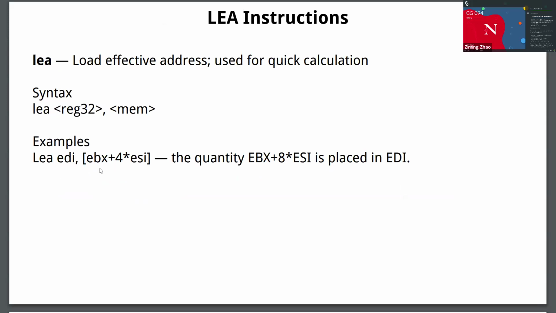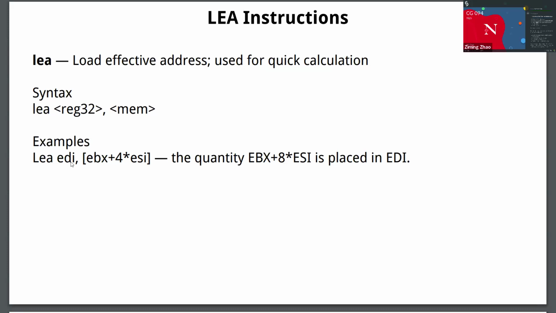this instruction, the second operand is the memory location, right? Because the bracket means memory location. Then the first operand in this case is a register. So we're not really moving any value from the memory to this register.